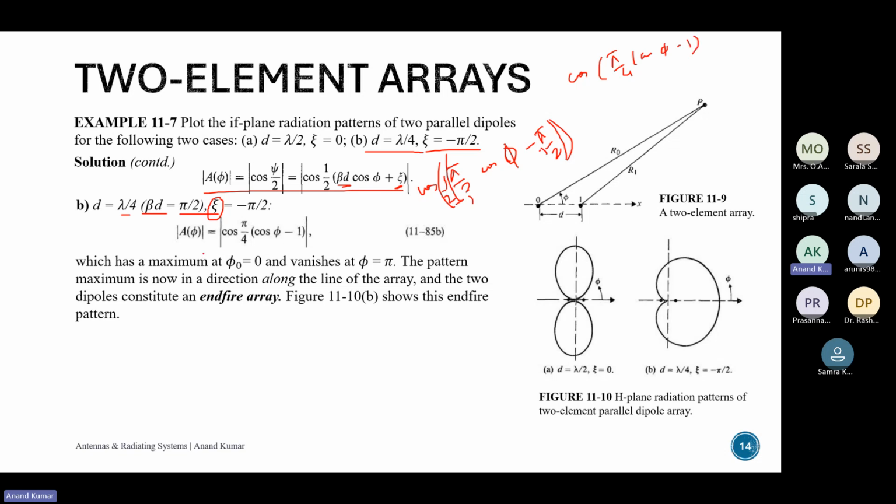So we end up with cos pi by 4 and cos phi minus 1. We just took the pi by 2 terms outside of this bracket. This is the array factor now. Sorry, the pattern function.